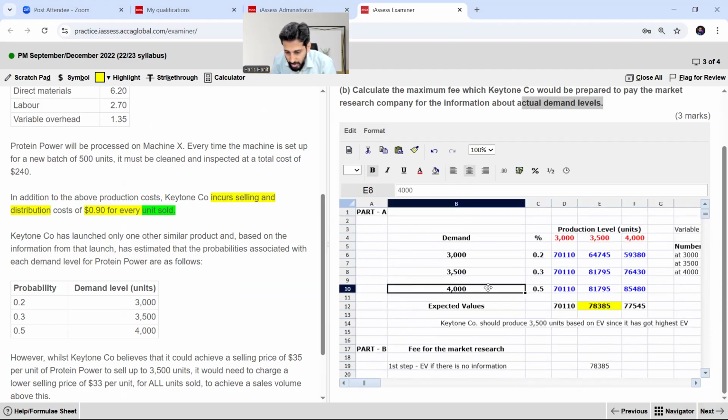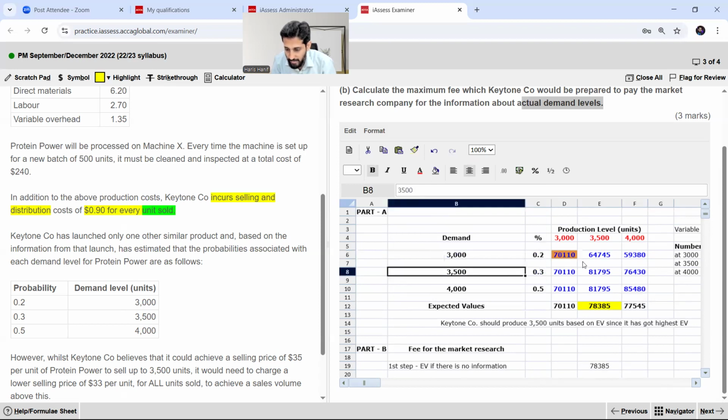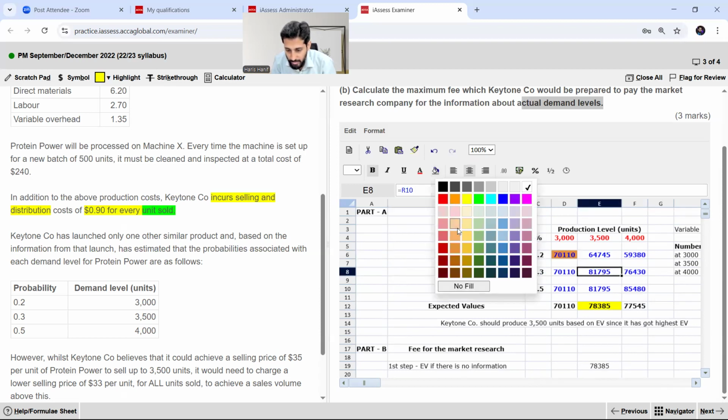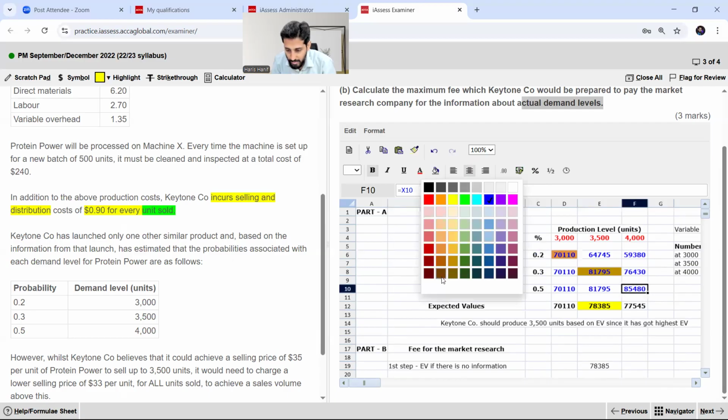If my demand is 4000 units, I will select this option. So if my demand is 3000, I will go to this value. If my demand is 3500, I will go to this value. If my demand is 4000, I will go for this value, right?